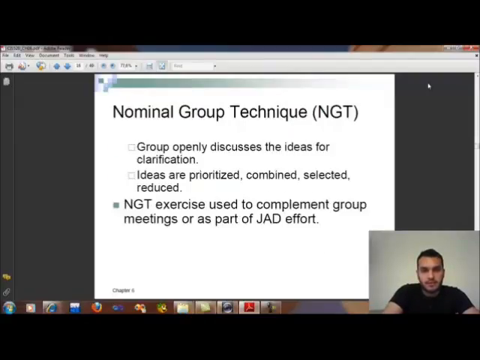The group openly discusses the ideas for clarification. Ideas are prioritized, combined, selected, and reduced. An NGT exercise is used in comprehensive group meetings or as part of a JAD effort.